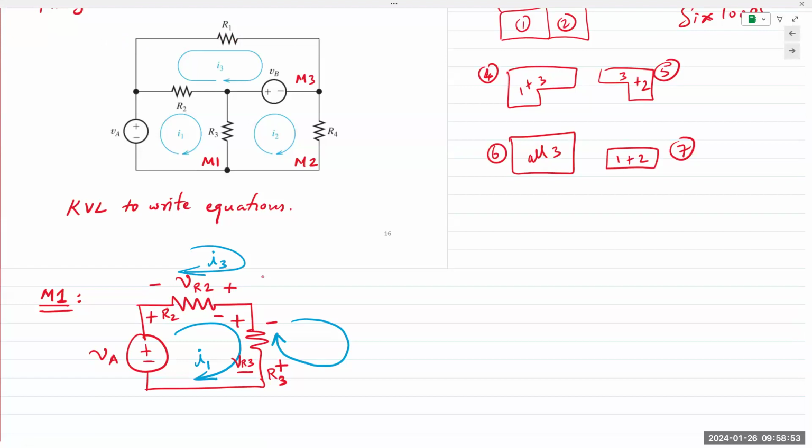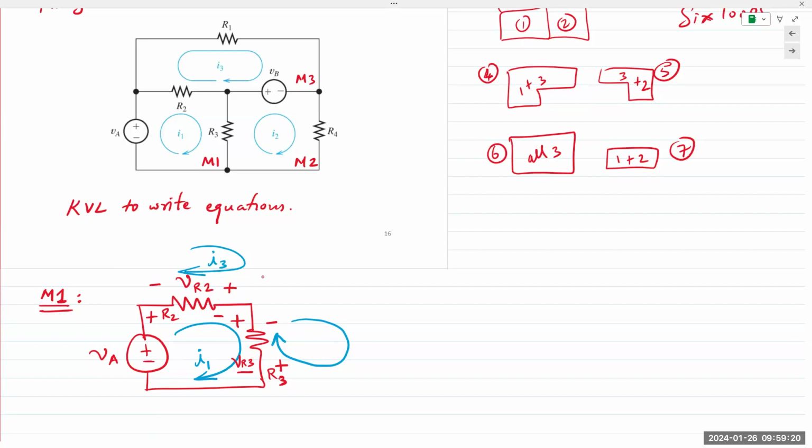And the reason I emphasize that mesh currents are hypothetical is that you cannot have two currents in a single branch of a circuit. It's physically impossible. Current only flows because there is a potential difference at either end, meaning one end of that component, one end of the resistor, is at a higher potential than the other end.